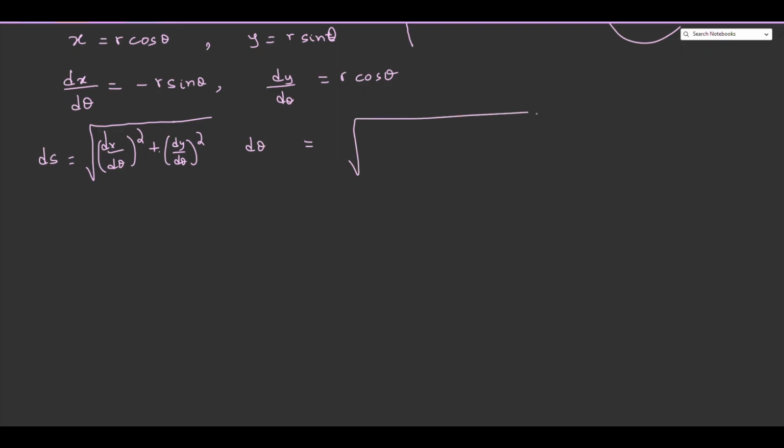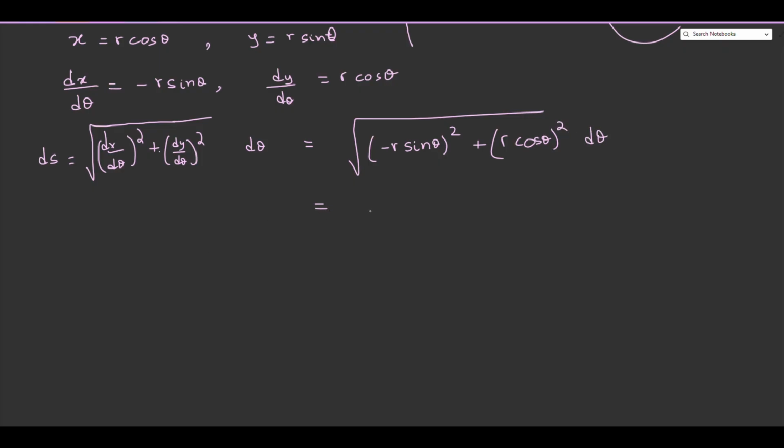So substitute these derivatives in this formula. We get the square root of minus r sine of theta squared plus r cosine of theta squared, times d theta.